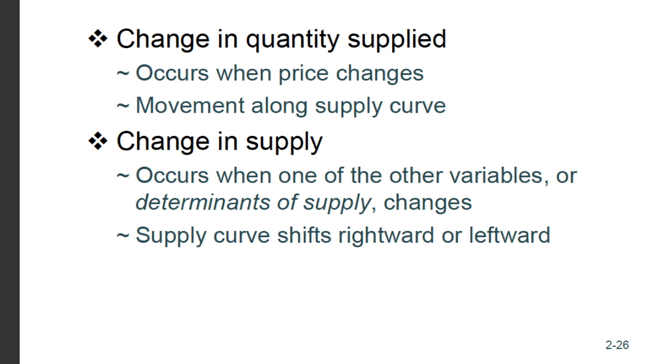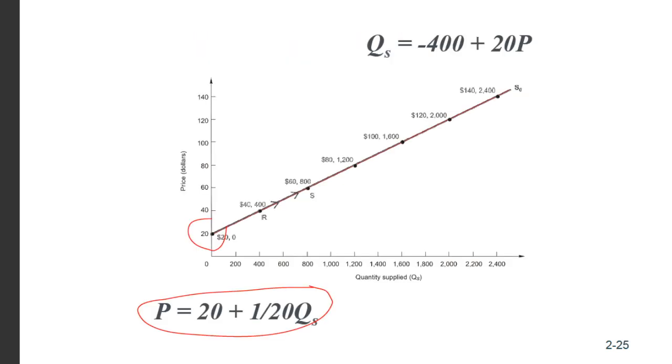Remembering, movement along the line is a change in quantity supplied. So if the price changed, that's all that this line depicts. This is just the relationship between P and quantity supplied. So if the price changes, quantity supplied changes. So price goes up, quantity supplied goes up.